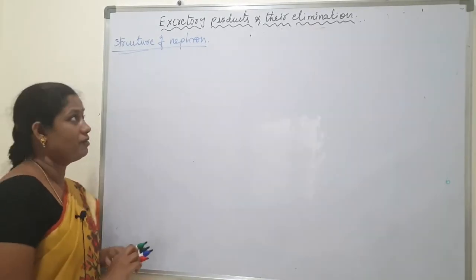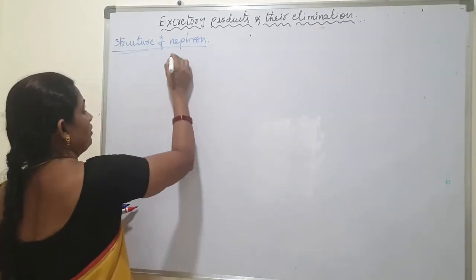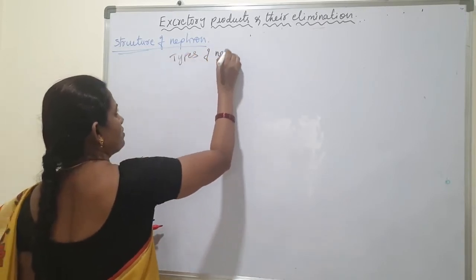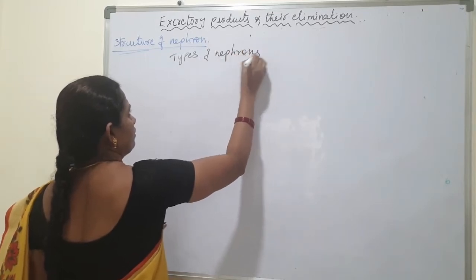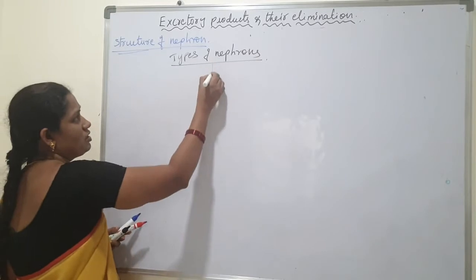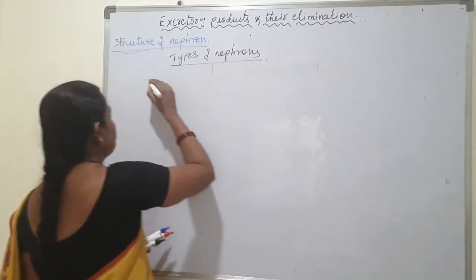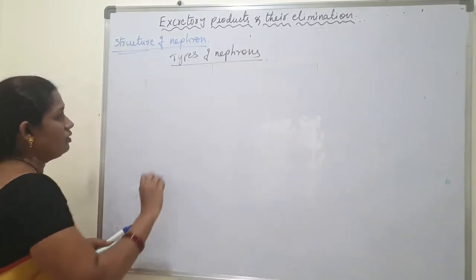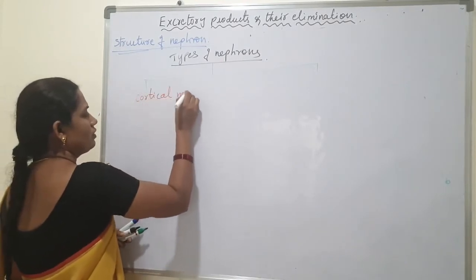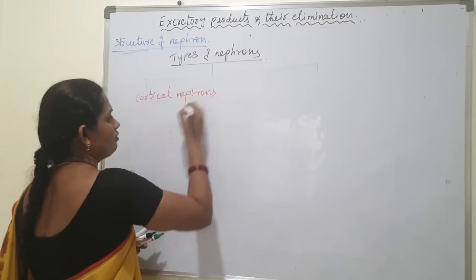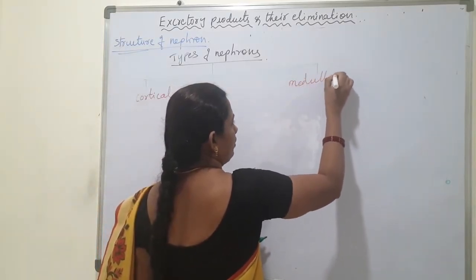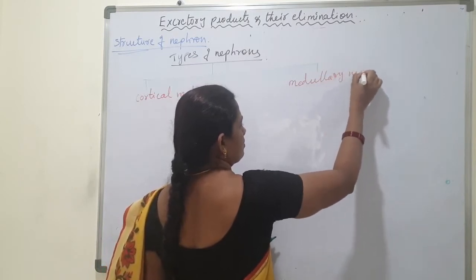Next, types of nephrons. Nephrons are generally divided into two types: cortical nephrons and medullary nephrons.